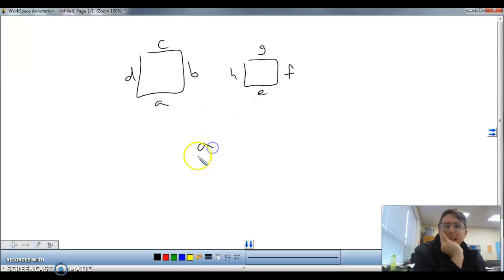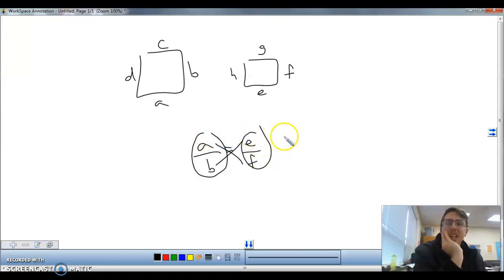You could do A to B has to be proportional to what matches with A, E, what matches with B, F. And then you can cross multiply with numbers, and if you get the same answer for both, then yes, it is proportional. Another way you can do it is reduce both fractions separately. If they reduce to the same fraction, then it is proportional. And last but not least, you can also divide, because a fraction really means divide, right? So if you divide and get the same answer on both sides, they are proportional.